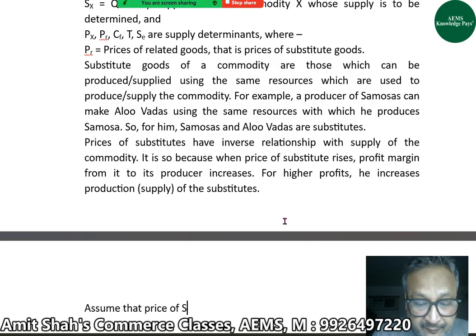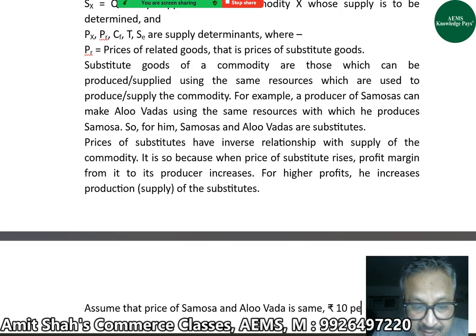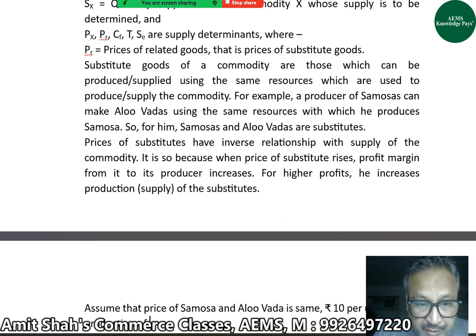Assume that price of samosa and aloo vada is same, rupees 10 per unit. Production cost of the two commodities is also same, that is rupees 8 per unit.